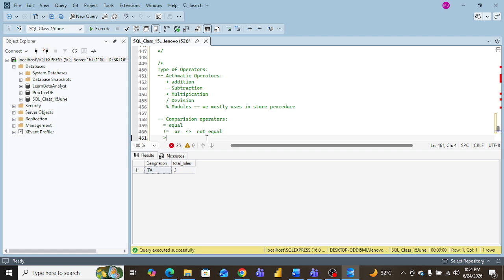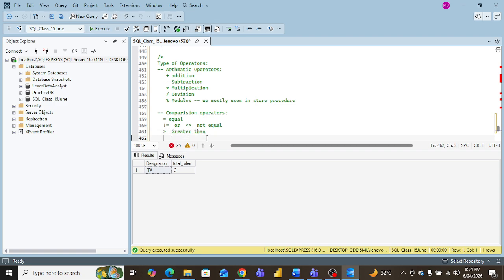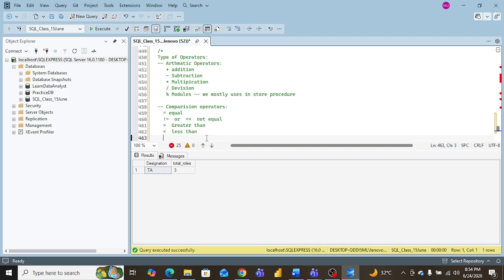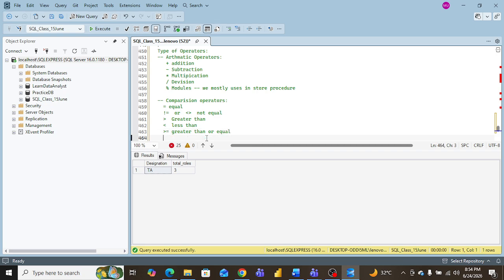Okay, now this is greater than. Then the opposite of greater than is less than. And we have another, greater than or equal to 12, right?